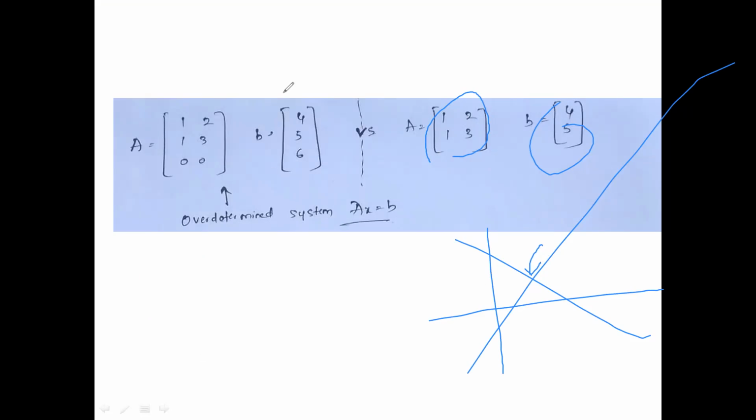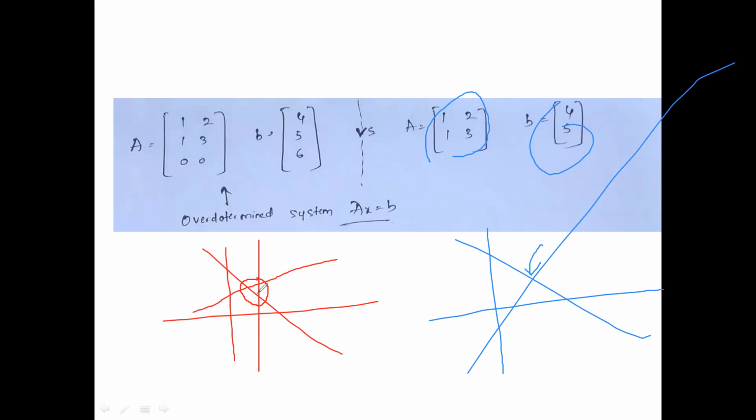Whereas if you have, say, line number 1, line number 2 and line number 3, see, those lines did not coincide at a single point. That's a problem with an overdetermined system.